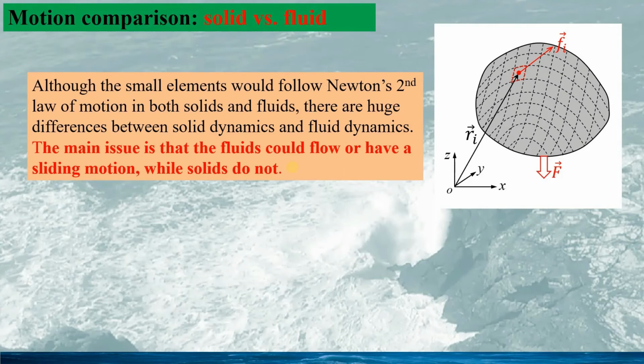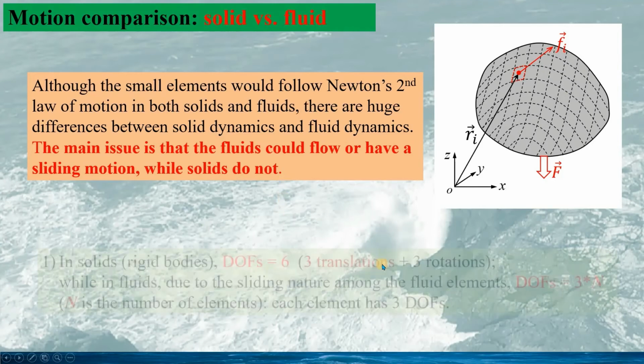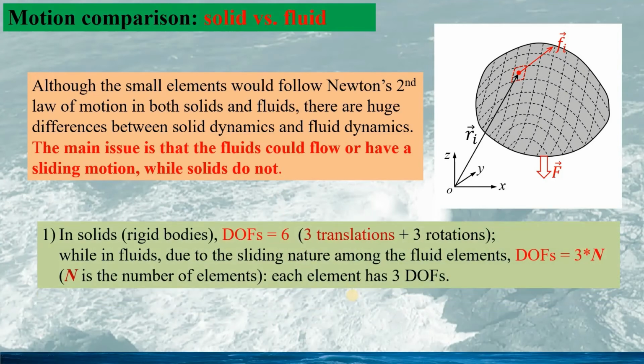The main issue is that fluids could flow or have a sliding motion, while solids do not. So for a rigid body, the degrees of freedom would be 6: 3 translational plus 3 rotational. Here, we are only interested in the translational motion, while the rotational motion is not very relevant.